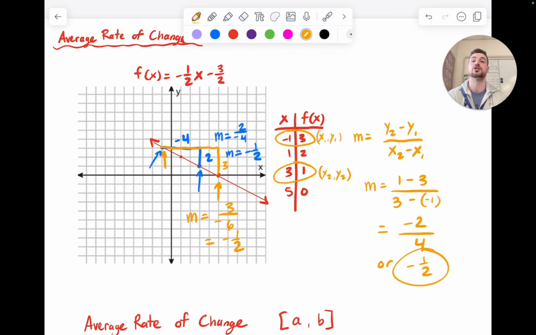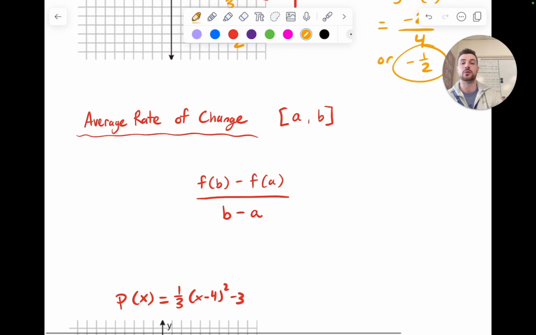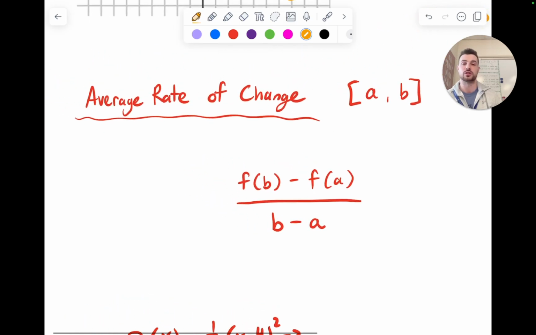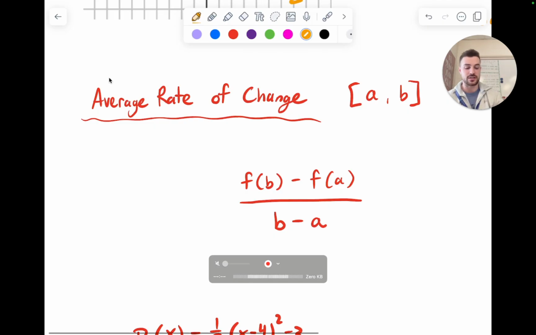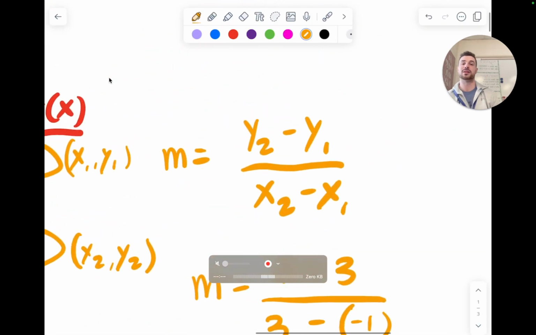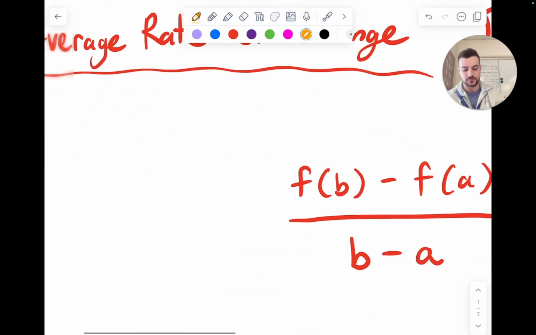Average rate of change is essentially the slope between any 2 points on any function. And there's a formula that we are going to use, which looks like this: f of b minus f of a divided by b minus a. If you notice, this is very similar to this formula here because it's essentially the same.